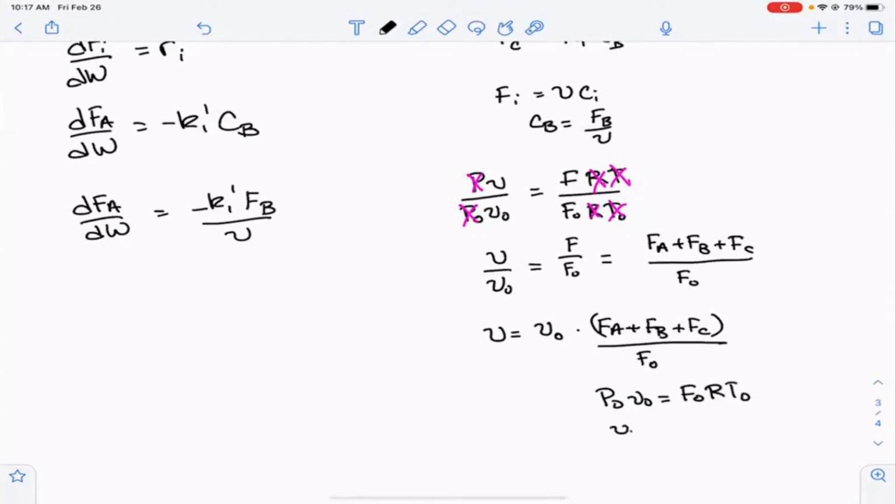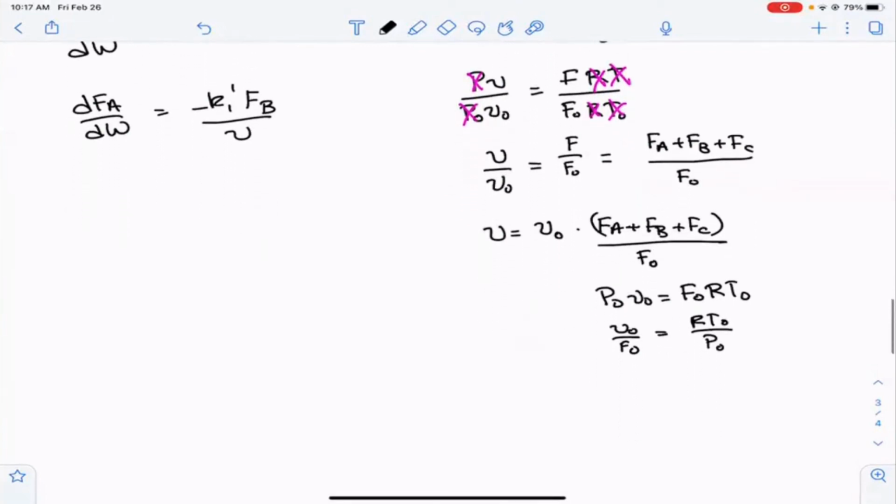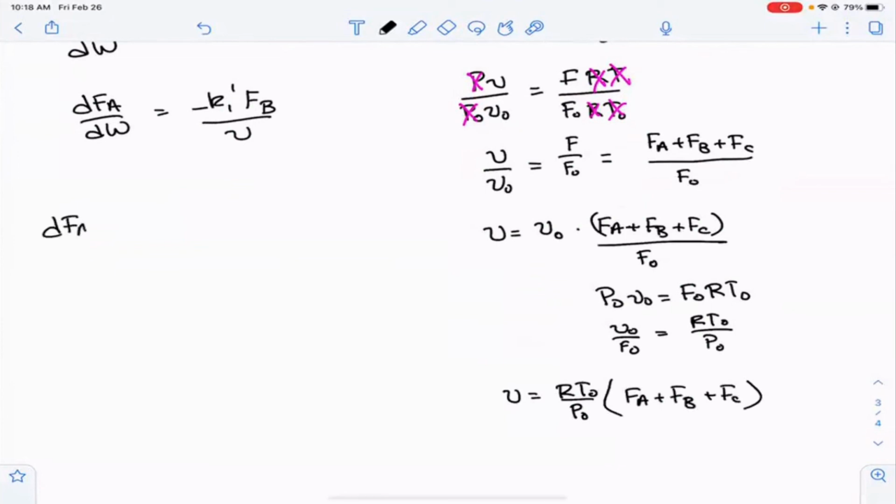So V0 over F0 just equals R T0 over P0. And so that gives us an expression for our volumetric flow rate of RT0 over P0 times FA plus FB plus FC. And so that helps us to simplify our mole balance, right?